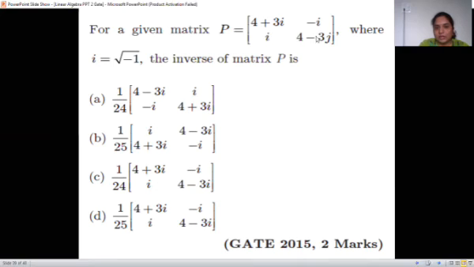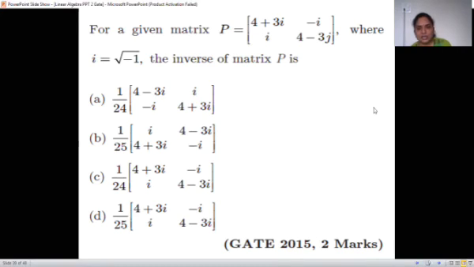And the last element P22, second row second column, will be 4 plus 3i, minus 1 raised to 2 plus 2 is 1. So the element is 4 plus 3i. So you are getting the matrix of cofactors as 4 minus 3i, minus i, i and 4 plus 3i. Just check.